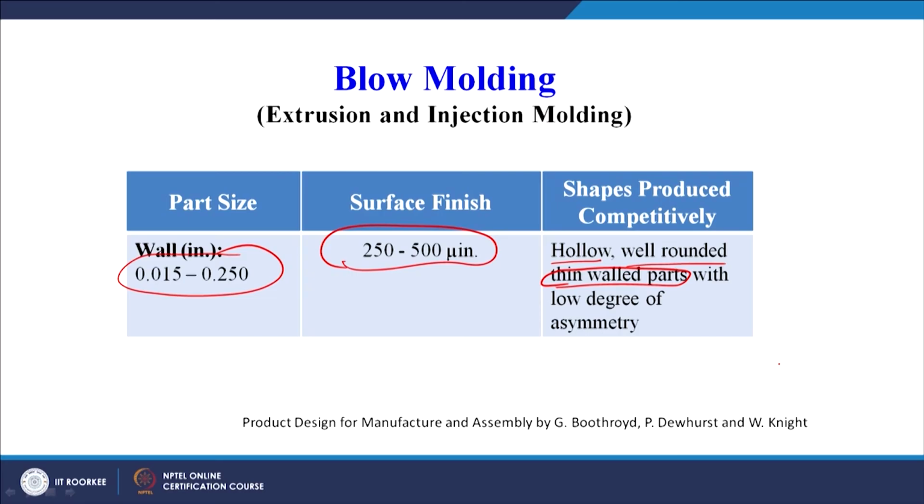So it is advisable that we use this process for axisymmetric parts only. So hollow parts have to be made, well rounded thin walled parts can be made, and almost all plastic bottles are made using the blow molding process. Surface finish range is specified, wall thickness range is also specified.